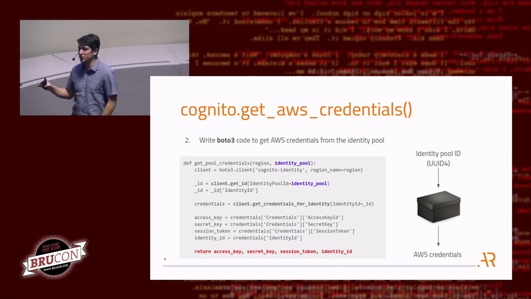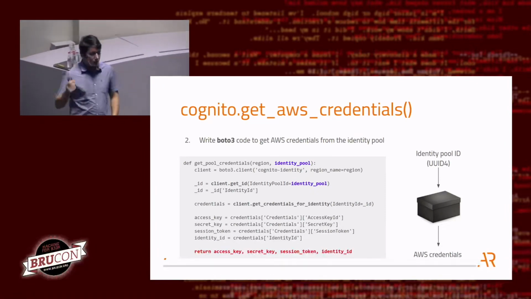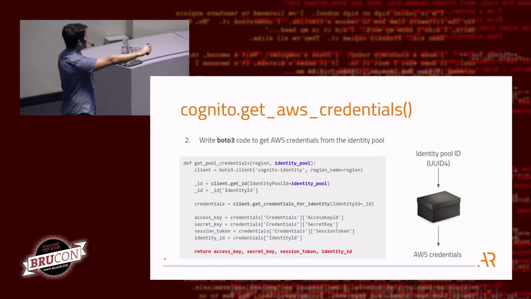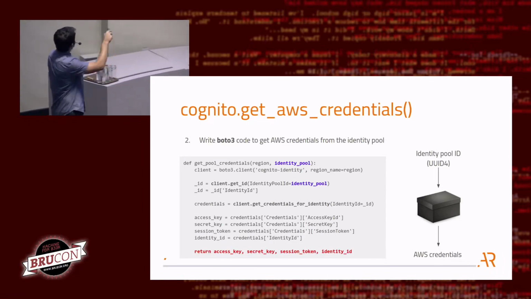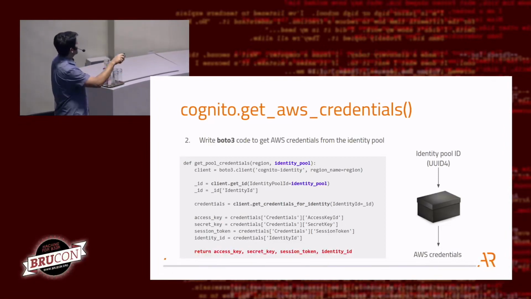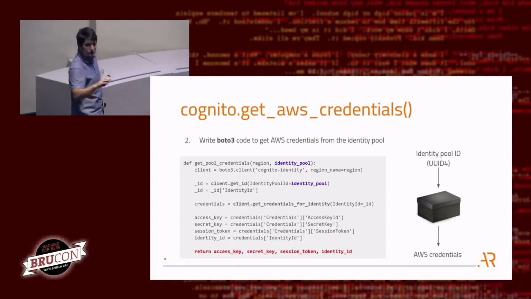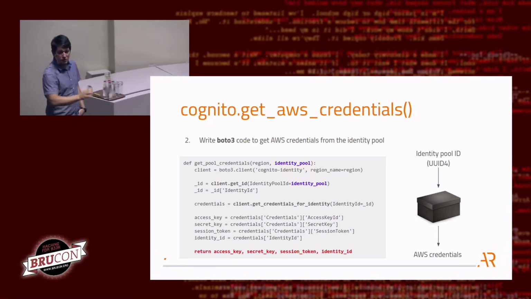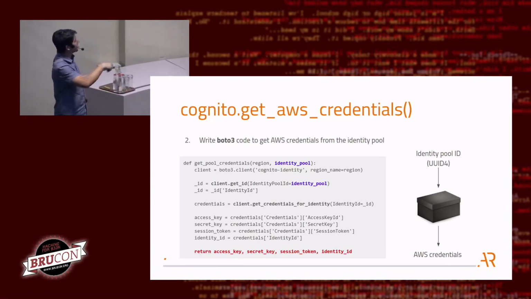That's one of the features that it has. You throw an identity pool ID, and it returns credentials. All of these lines that we see here is just the implementation for that black box. It's nothing special, no hacks involved. It's just how it works. This is a function that I copy-pasted from the AWS documentation.